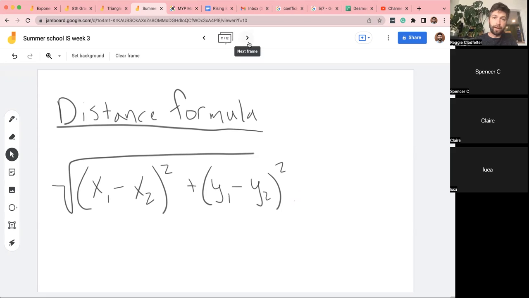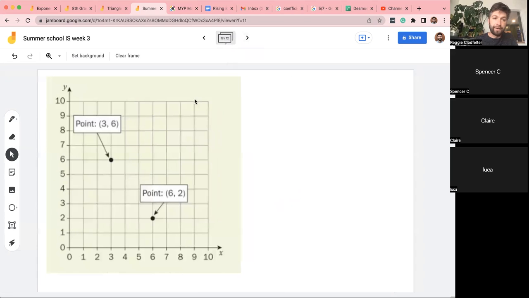The distance formula is the way that we find the distance between 2 points on what we call the coordinate plane or the Cartesian plane, for Rene Descartes. Let's imagine for a second that we get asked to find the distance between these 2 points in a straight line. We're talking that distance right there.